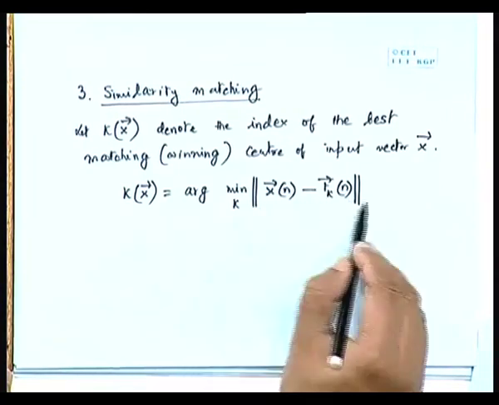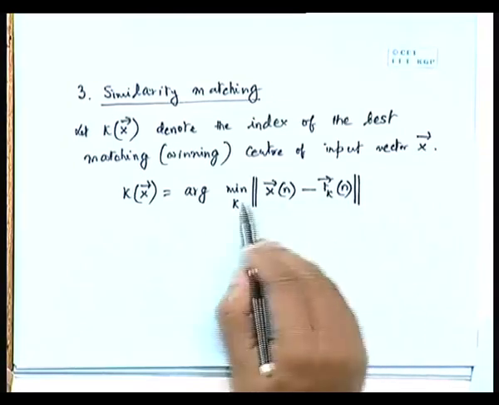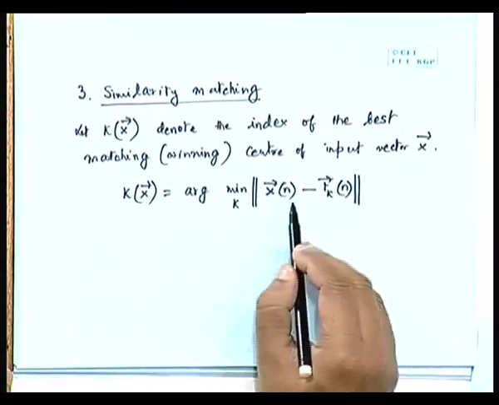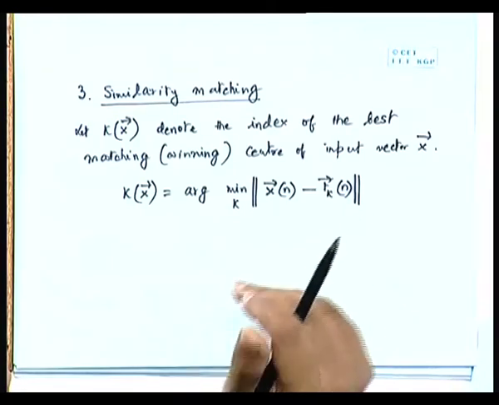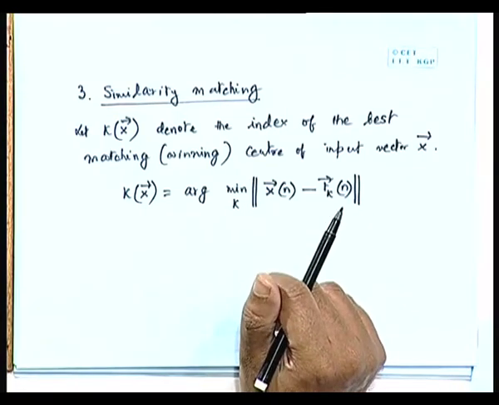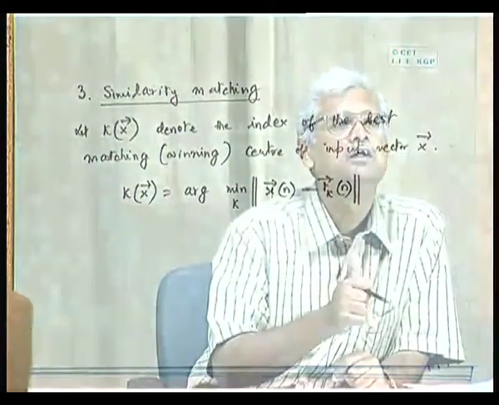So, it is the minimum over that k that we find out. In effect this will give us the minimum distance, but we are not interested in the minimum distance value as such. We are interested in finding out the index of the RBF which has the minimum, which is closest to this extent.